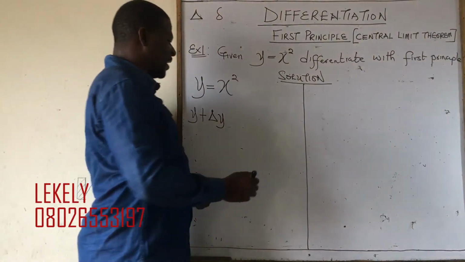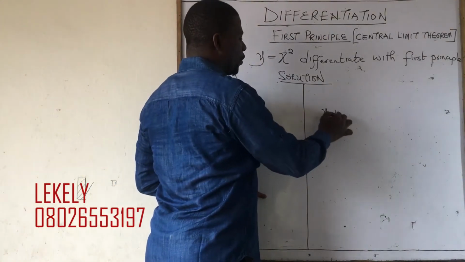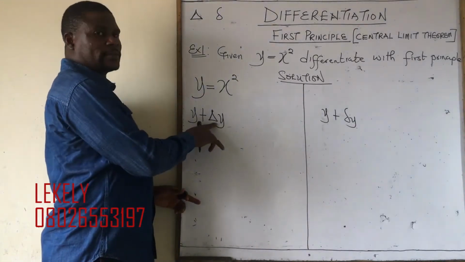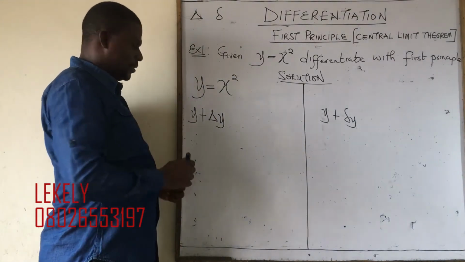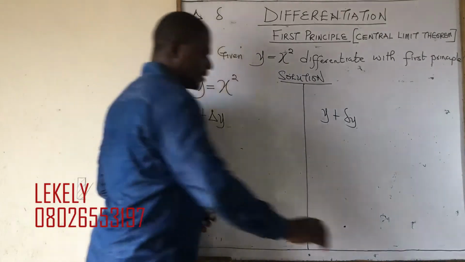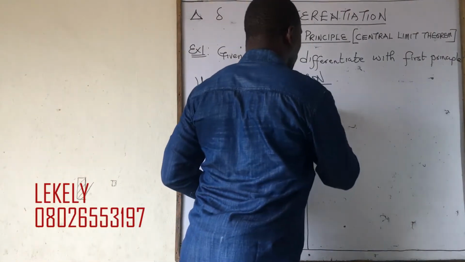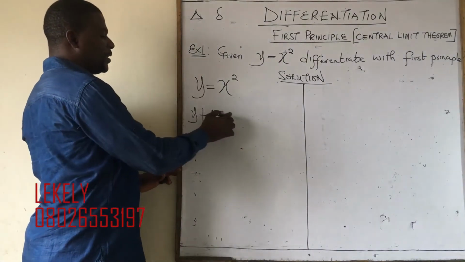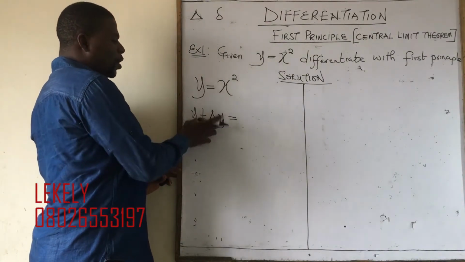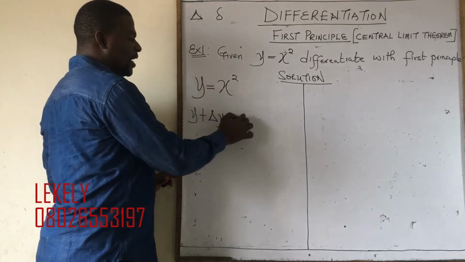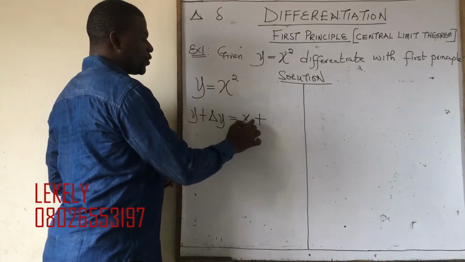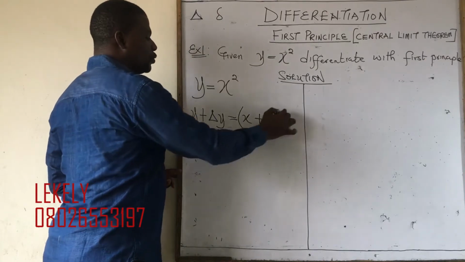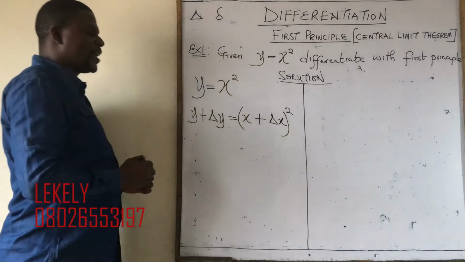So what I'm saying is that I can say y plus change in y instead of using this, but it's the same thing. But I want to stick with this. Now I will say y plus change in y equals, because this side has changed, x plus change in x, and because it has squared, you put square here. You see what I did?